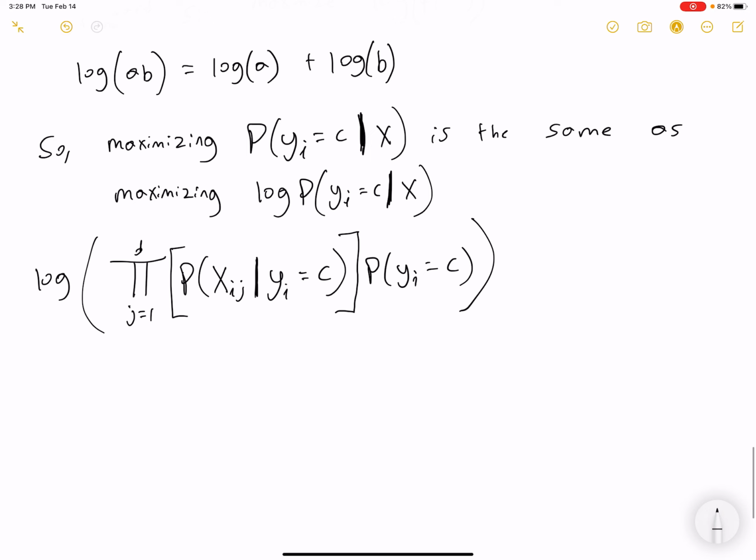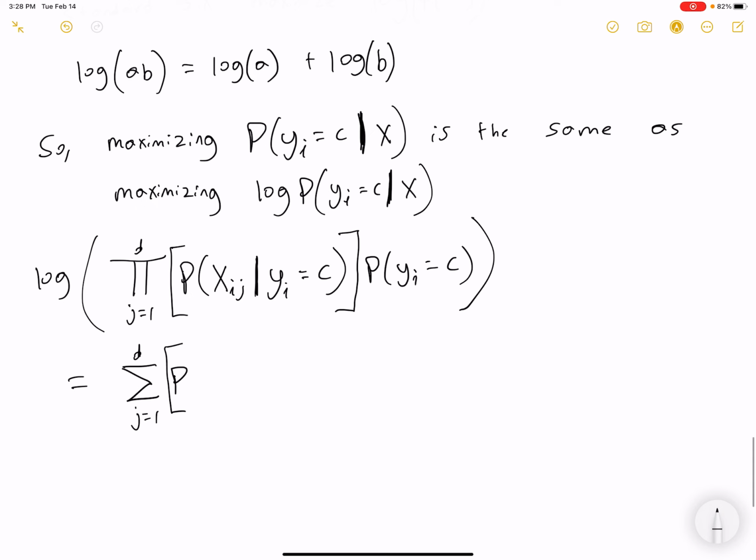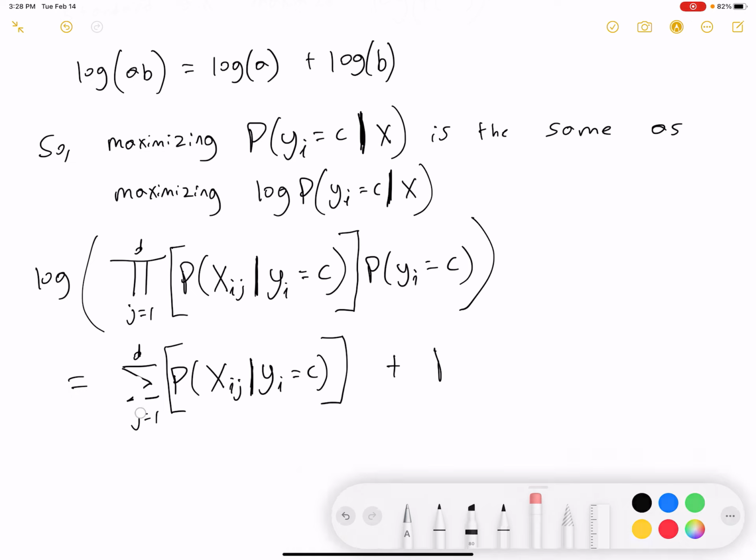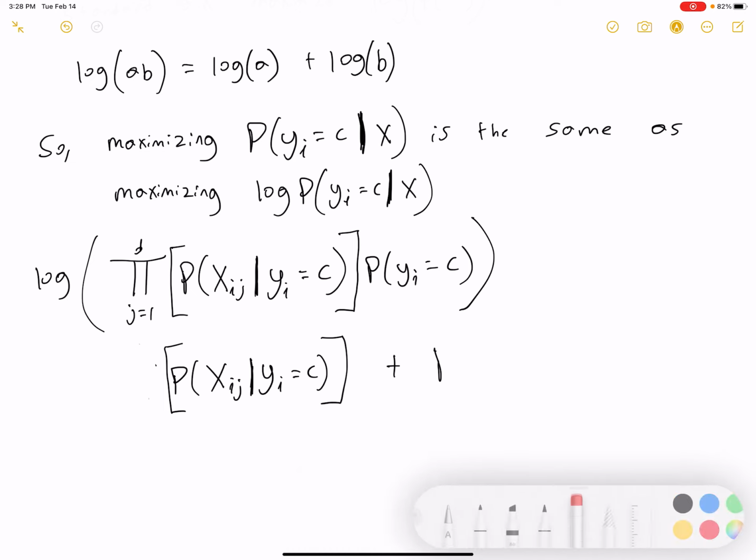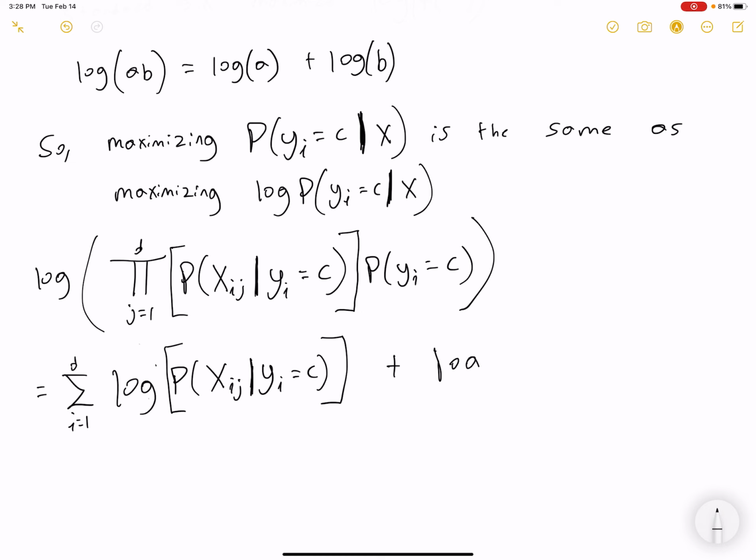So the log of that is equal to the sum over each of the probabilities, the sum of those same probabilities, oh sorry, I forgot the log, equals the sum over those probabilities of the log of that plus the log of the last probability.